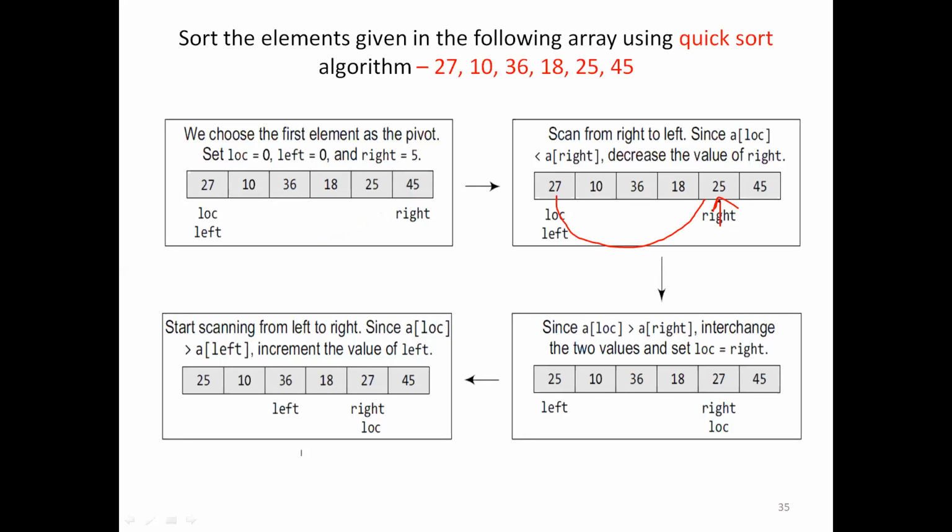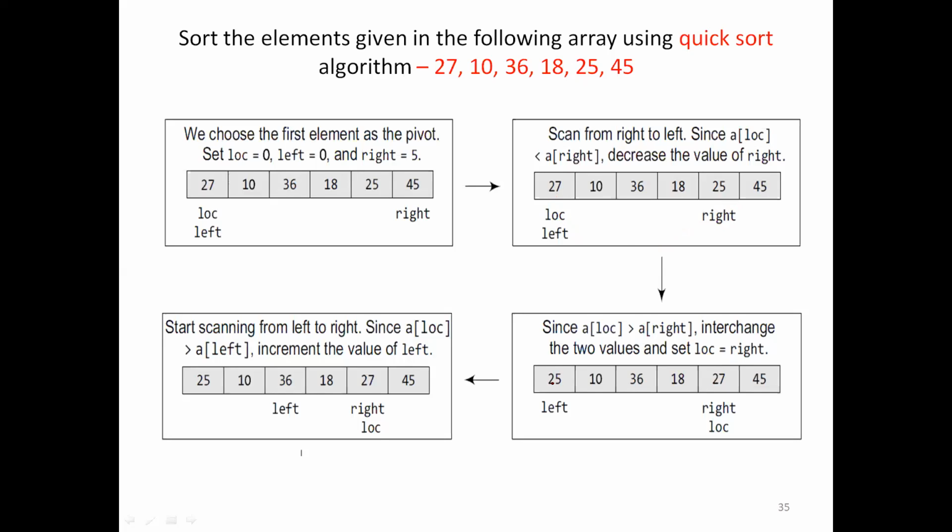What is our logic? I told you, when you are going from right to left, if the pivot is greater, you have to do swapping. Yes, the pivot is greater, so we do swapping. That is the logic here. So 27 is placed in the right index, and the right index value is placed in the LOC position, the left position.